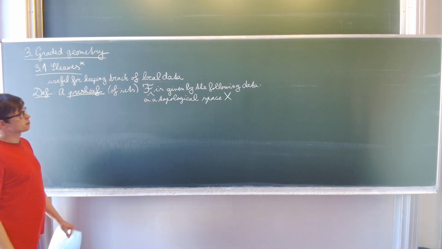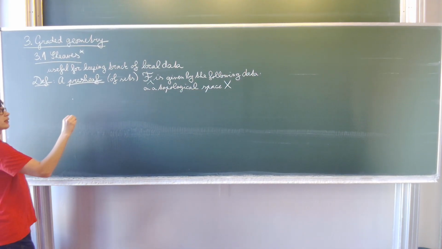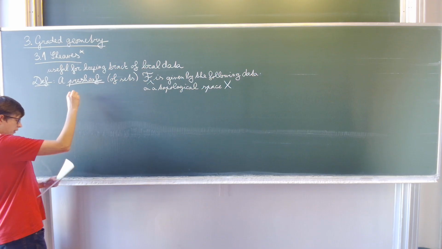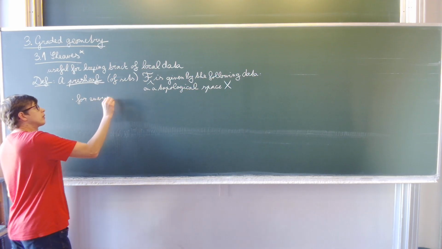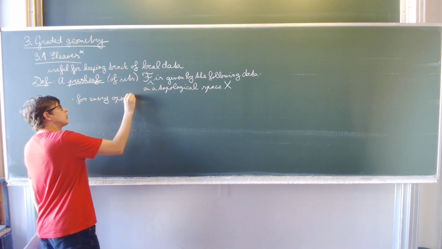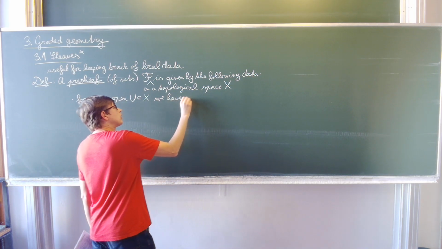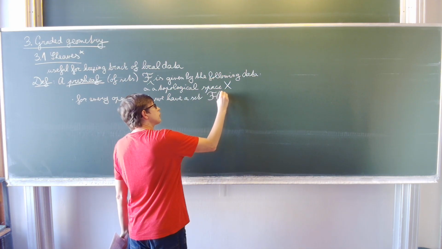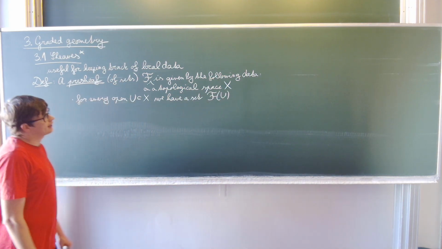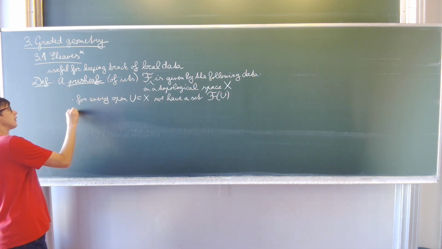Say we have a topological space X and we want to define what a pre-sheaf is. And so a pre-sheaf consists of two sets of data. So first of all, for every open set U in X, we have a set F of U. So we have an assignment to every open subset of the topological space. There is some chosen set.